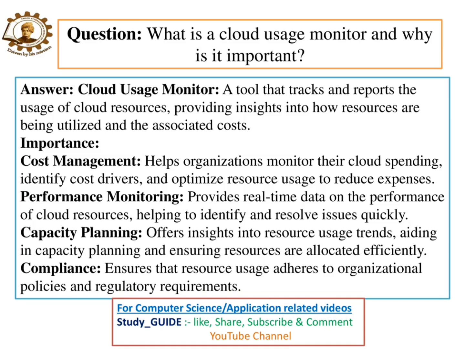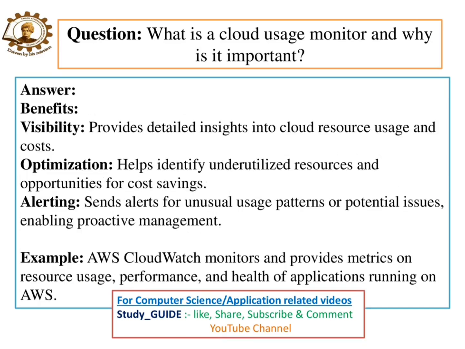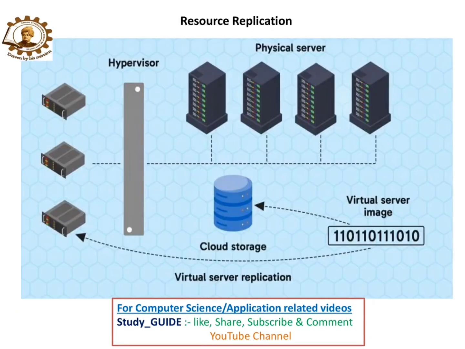Just imagine a large company. They can virtualize their entire data center, like creating multiple rooms with different purposes in a large building. They can then use cloud storage for backup and access data remotely while monitoring usage to ensure efficiency.